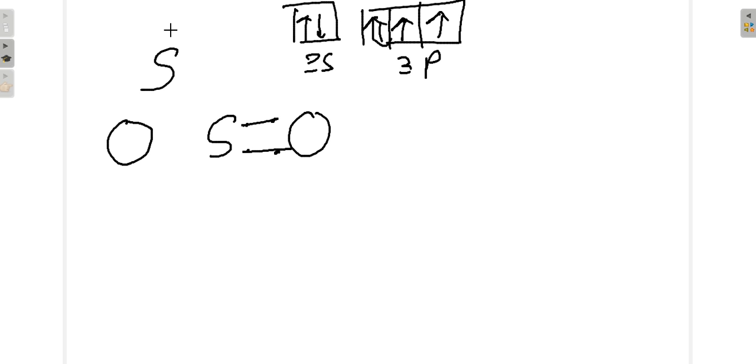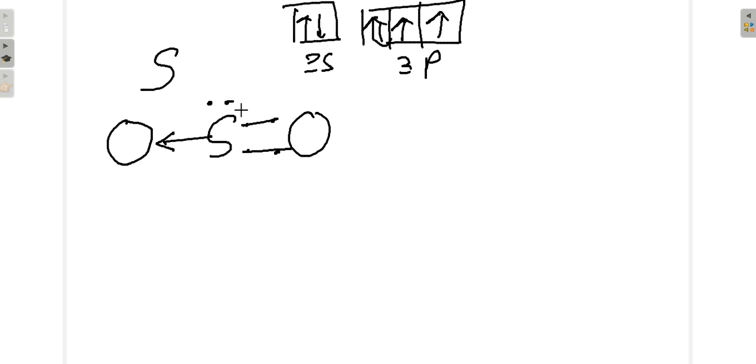This lone pair is donated from sulfur to oxygen to make a coordinate bond, and one lone pair remains unbonded. So there is one lone pair on the sulfur atom, and the hybridization is sp2.